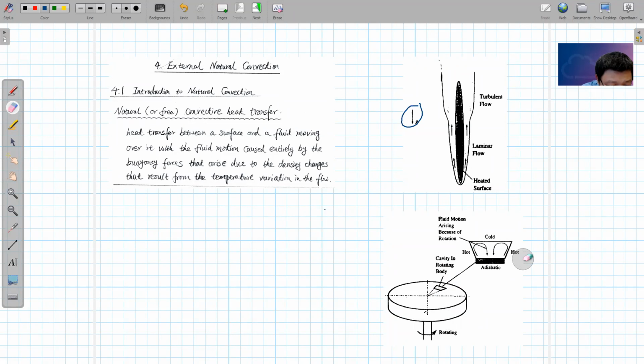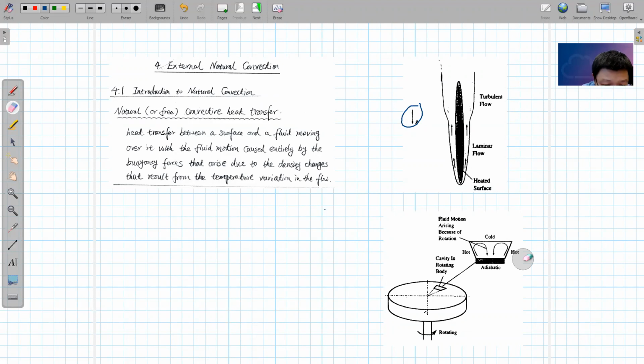So we always think natural convection is also called free convection, but sometimes people think that only the convection caused by the gravity force can be considered natural convection, and all the convections caused by other field forces like this centrifugal force we call free convection.